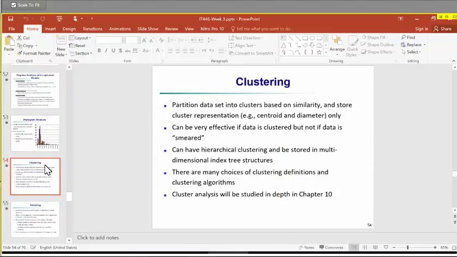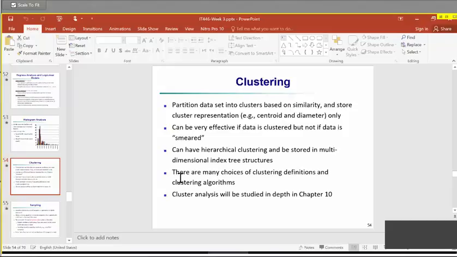Then another technique is known as clustering, where we partition the data into clusters based on similarity and store the cluster representation only. It can be very effective if data is clustered, but not if the data is smeared or not clustered.